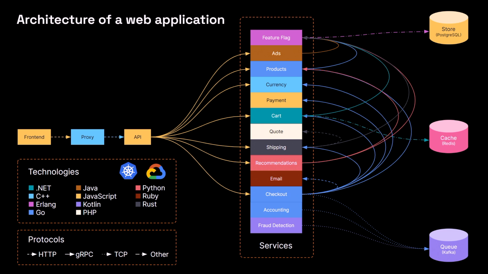Some of them we can consider middleware services, for example, the API, the services layer that is not directly exposed to the public, and also external systems like storage, caching, queuing mechanisms, and so on. Besides those, we do have Kubernetes, and we do have Google Cloud, and we do have AWS maybe. We have programming languages, we have .NET, we have JavaScript, we have Rust, and so on and so forth.